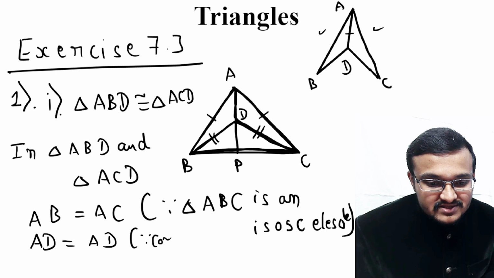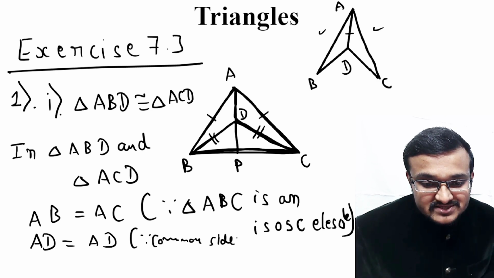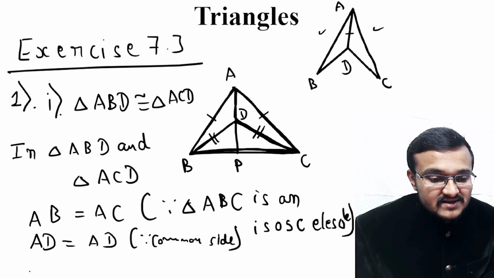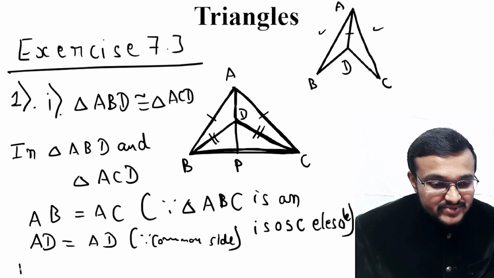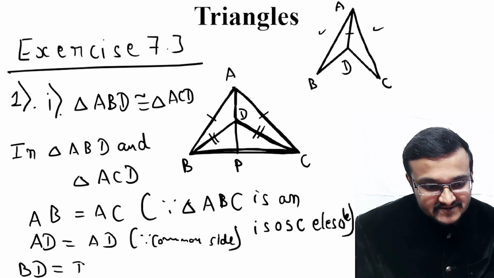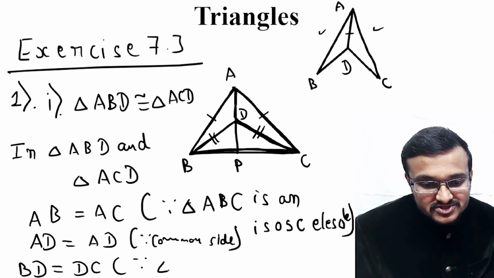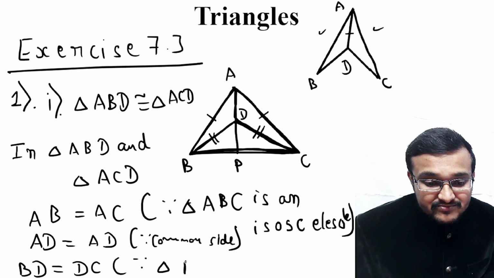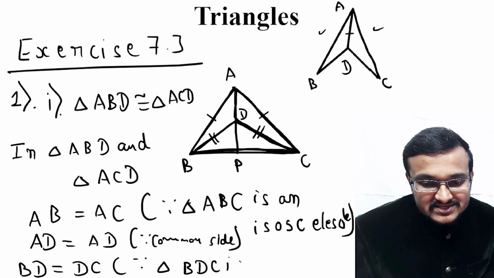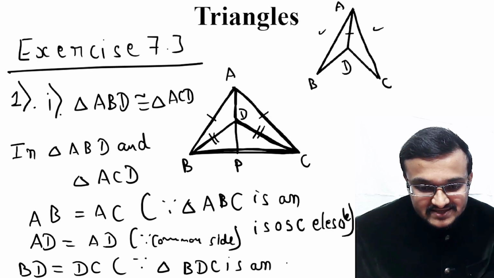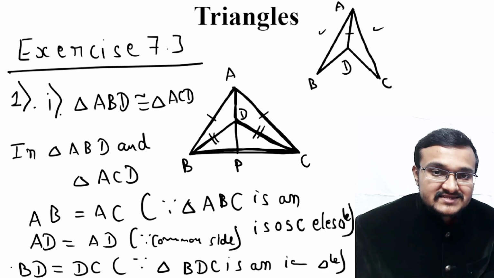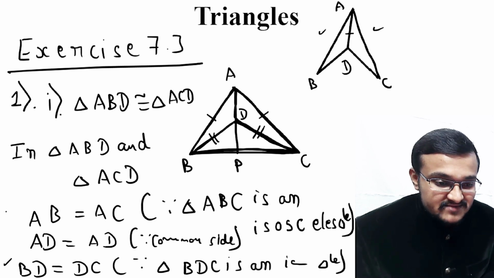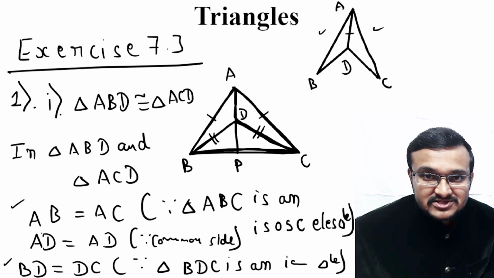Similarly, BD is equal to DC, because triangle BDC is also an isosceles triangle. Because BDC is an isosceles triangle, BD is equal to DC. Because ABC is an isosceles triangle, AB is equal to AC, and AD acts as the common side.